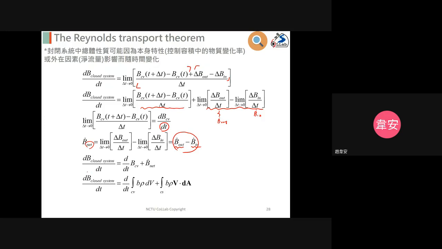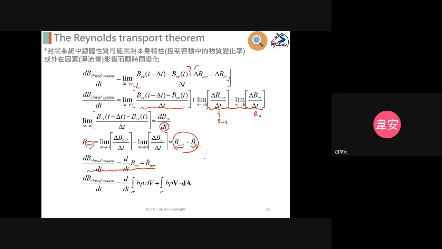So finally, we can summarize our formula: dB closed system dt is equal to dB CV dt plus the net outflow rate of the extensive properties.